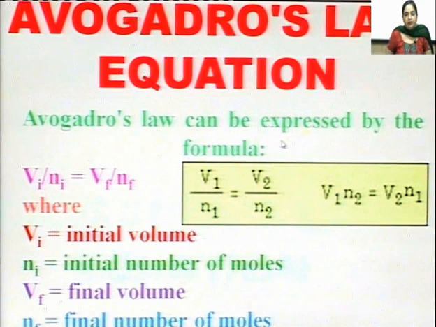Avogadro's law can be expressed by the formula Vi over Ni is equal to Vf over Nf, where Vi is the initial volume, Ni is the initial number of moles, Vf is the final volume, and Nf is the final number of moles.